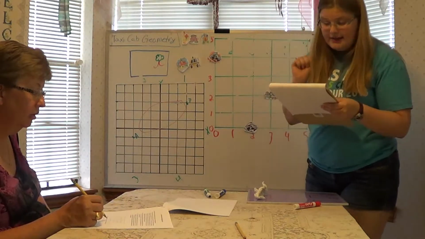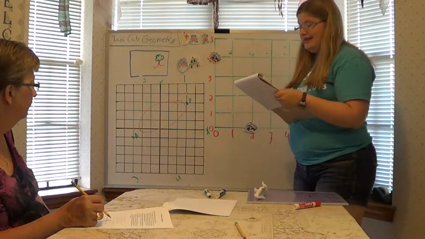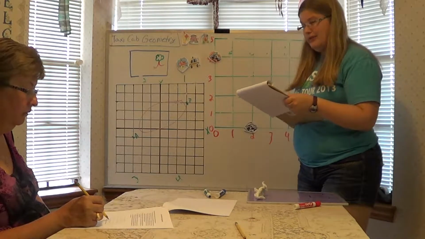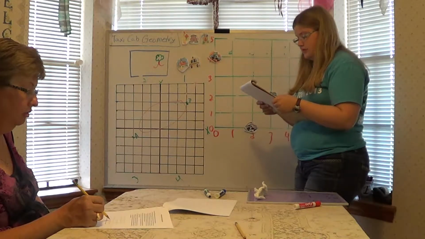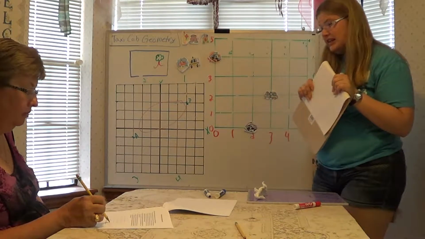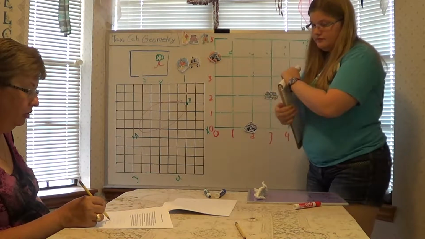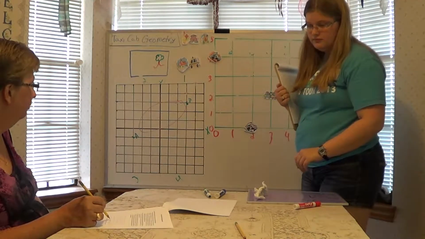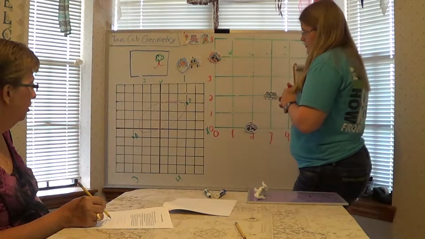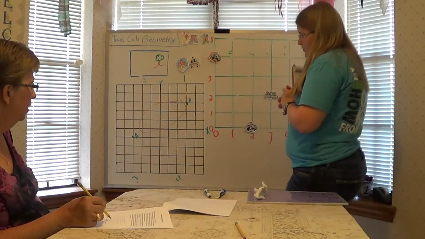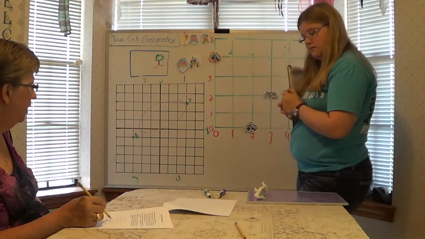So if Alice and Bruno want to find an apartment exactly halfway between their two workplaces, is it possible? Yes. Okay. Do you have any idea of how you could find that? Well, they're both exactly 3 blocks off of the y-axis, so it needs to be on the y-axis.